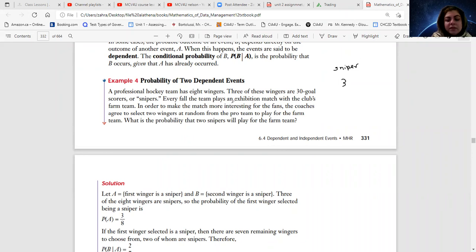Every fall, the team plays an exhibition match against the farm team. To make this match more interesting for the fans, the coaches agreed to select 2 wingers at random from the pro team to play for the farm team. Also, probably 2 snipers will play for the farm team.